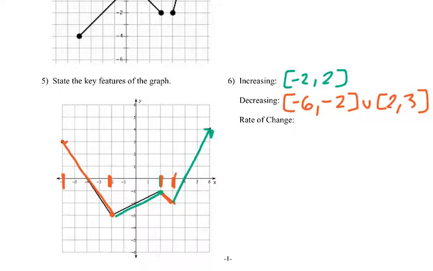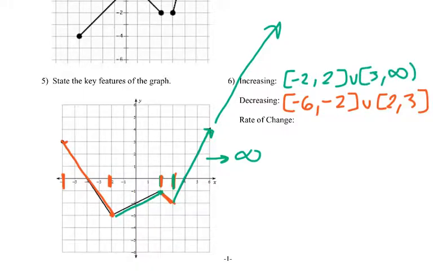Now we've got that arrow, so it's just going to keep increasing. Okay, so we're hitting that end zone. Remember, we call that end zone infinity. So it starts again here at 3, so a little jump. Starts at 3, and it keeps going until it hits infinity, which we know means it never ends. Okay, and that's our increasing and decreasing. Okay, notice that in these ones there's no gaps like here.